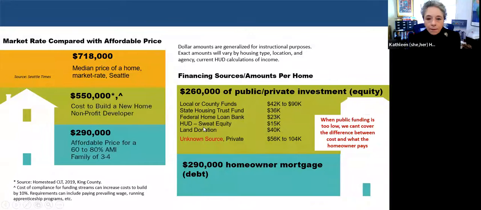There are federal funds, and we get land donations. But even with all those known sources, there's always an additional gap that we have to figure out how to close on our own. So we're having to fundraise around $260,000 per home in order to make our program work. We're doing that, but that's what it takes.